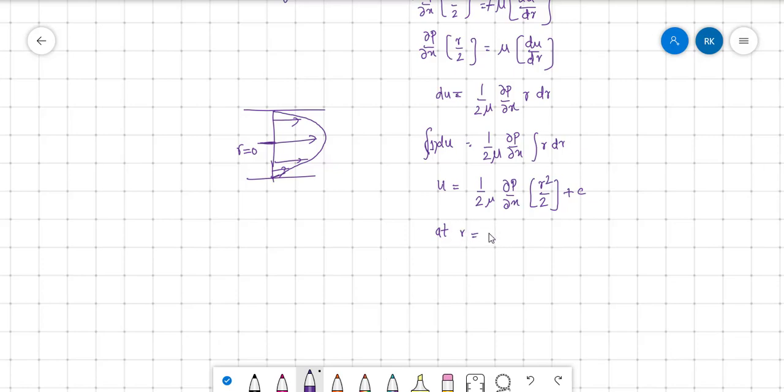At r is equal to capital R, at wall the velocity was 0. So at r is equal to capital R, u is equal to 0. So 0 is equal to 1 by 2 mu dou p by dou x into capital R square by 2 plus constant. From this, c is equal to minus 1 by 2 mu dou p by dou x into R square by 2.